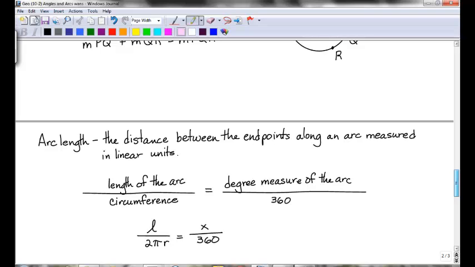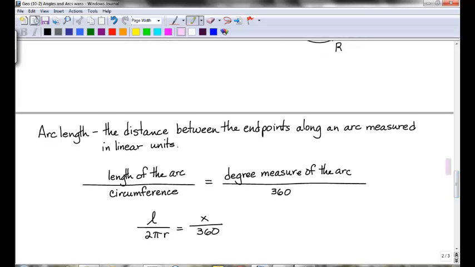Now, when you're doing some of the problems, you're going to need to use a proportion for the arc length, or length of the arc. Arc length is the distance, like linear measure, between the endpoints along an arc.